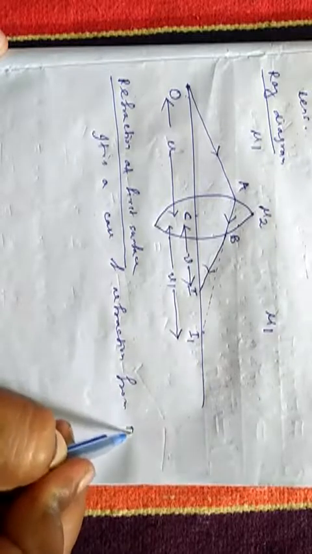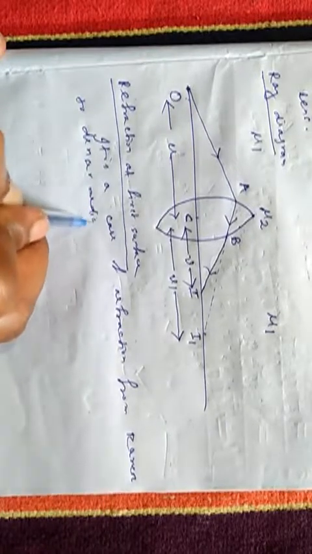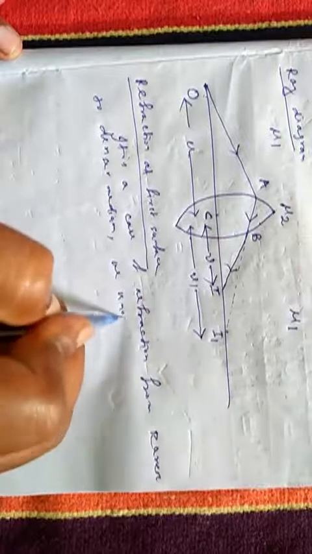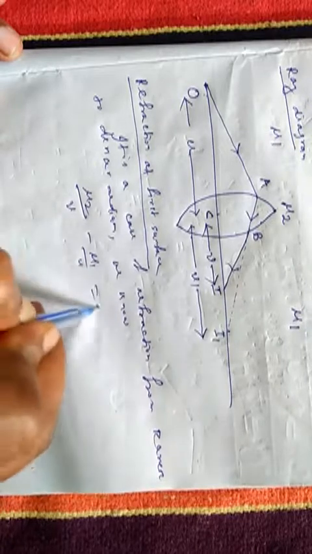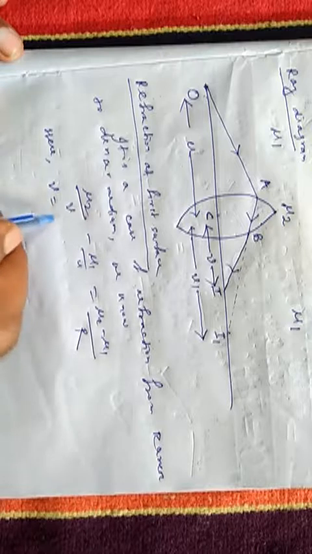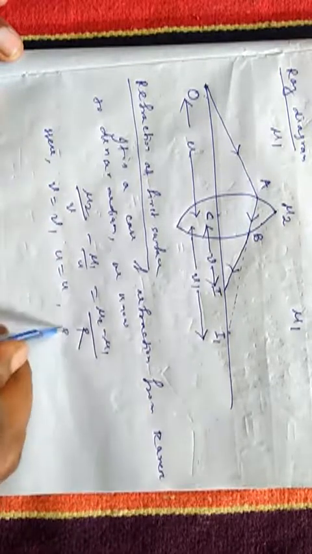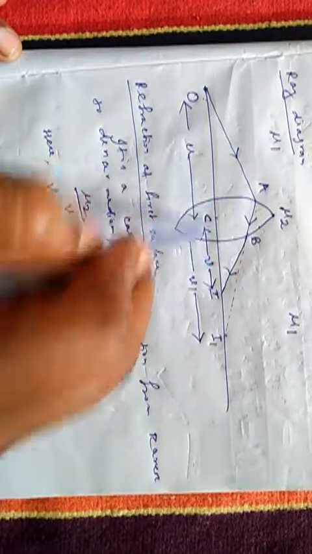As you know, for rarer to denser medium we have the formula mu2 by v minus mu1 by u is equal to mu2 minus mu1 by R. Here v is equal to v1, u is equal to u and R is equal to R1, since the first surface has radius of curvature R1.